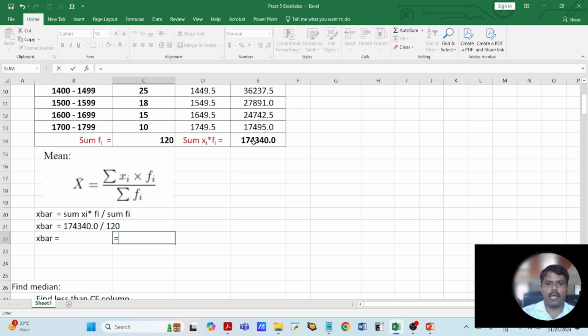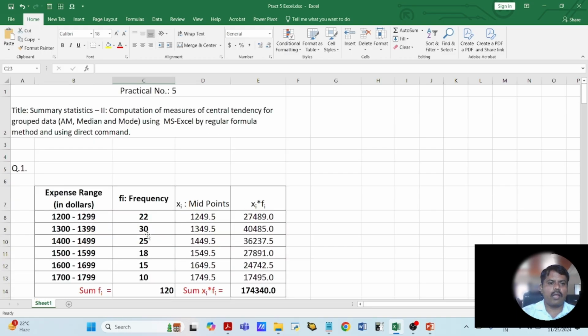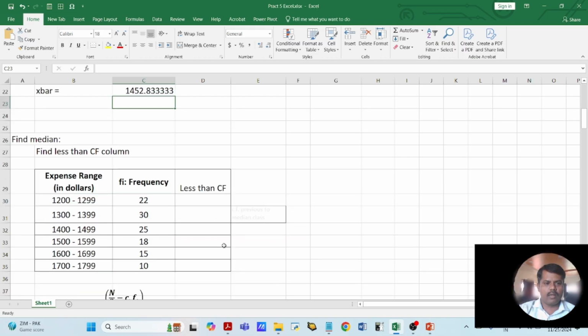How much it is? We take division of these two values. X bar is 1452.833. In this way, we find arithmetic mean for frequency distribution table.